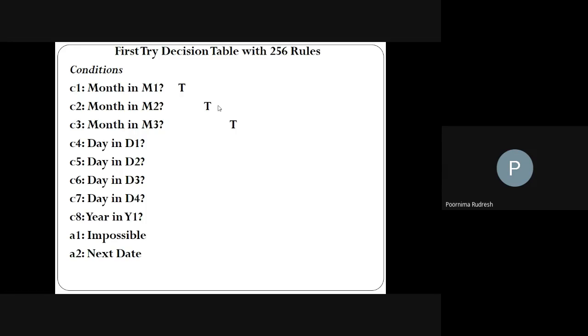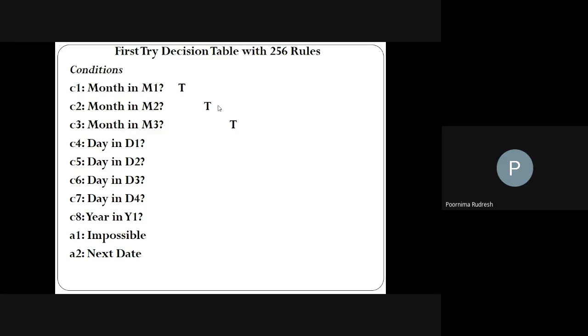And month in M3 is the February month. If we enter values within 28, then it is set as a true value. If it is greater than 29 days, then it is false, or an impossible state. Right, so that is what we are considering.